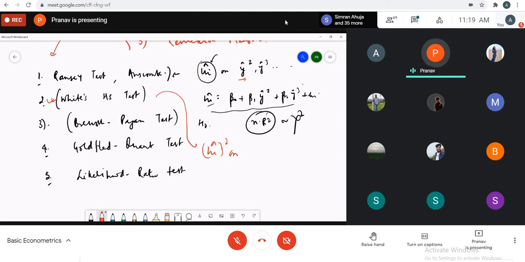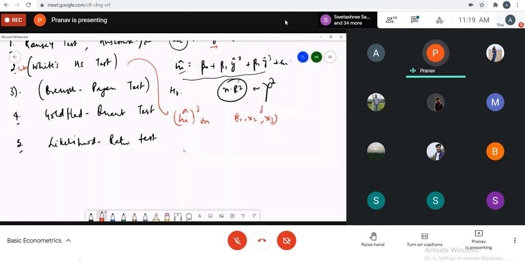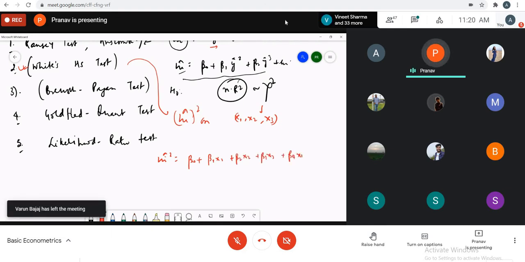So, uska regression kaisa dikhta hai? Suppose I have 3 variables in the original equation, then running a White's heteroskedasticity test will look like ui hat square equals beta naught plus beta 1 x1 plus beta 2 x2 plus beta 3 x3 plus beta 4 x1 square plus beta 5 x2 square, beta 6 x3 square, and then their combination as well.